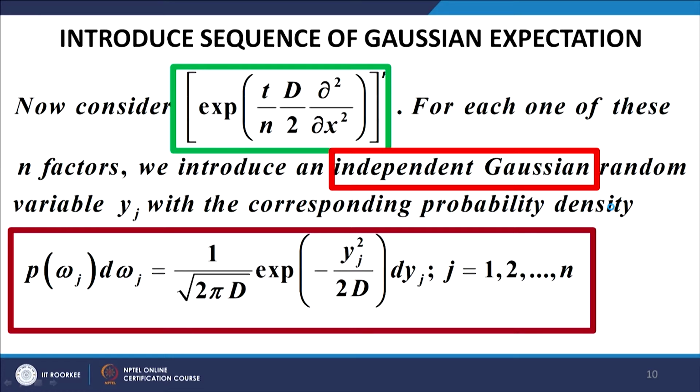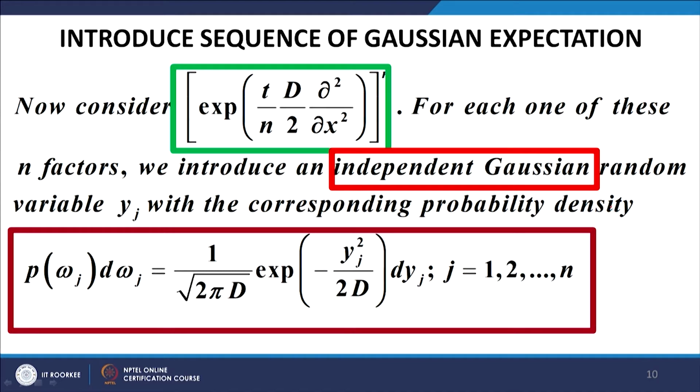We have so far simplified only the inner part without the power, that is, we have simplified exponential t upon n d by 2 del square upon dx square, and expressed it as an expectation value. In other words, we need to take the nth power, or the expectation of n such variables, and that is precisely what we do.